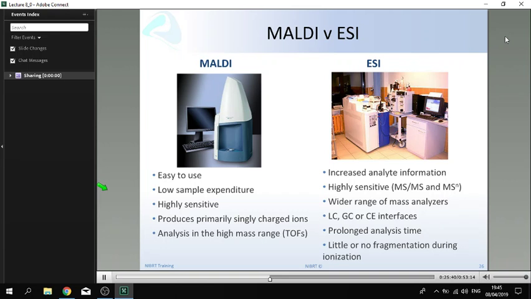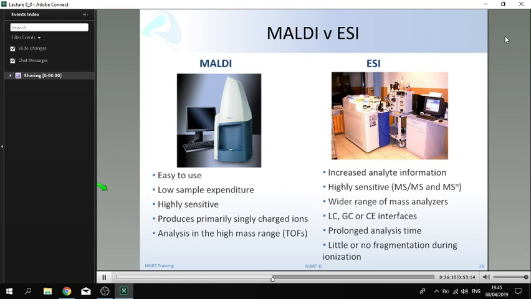Electrospray ionization gives you increased analyte information because it's usually coupled with HPLC. So you can get information from HPLC and then more information from ESI. It's highly sensitive. It can be coupled with a wider range of mass analyzers. MALDI is usually coupled with TOF, but ESI can be coupled with many different ones.